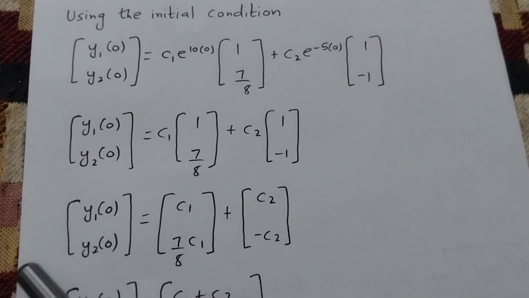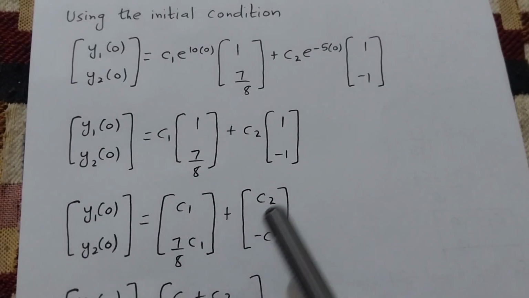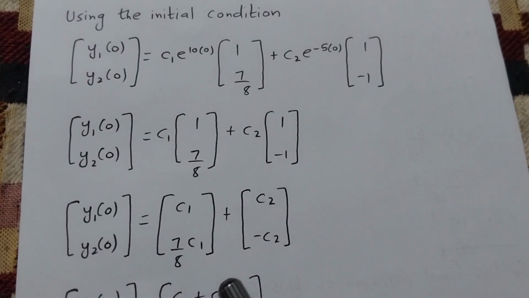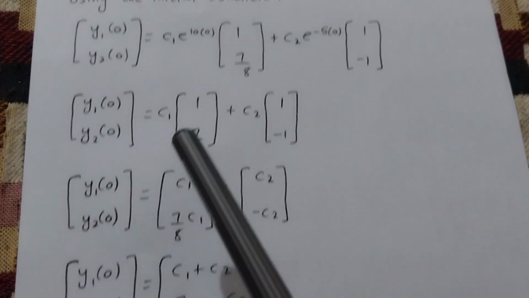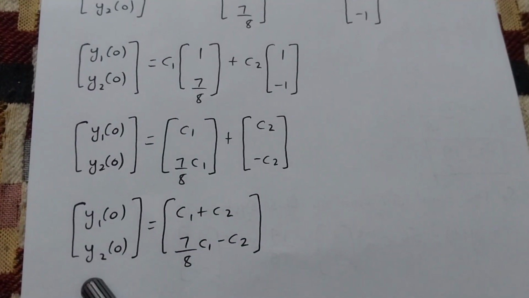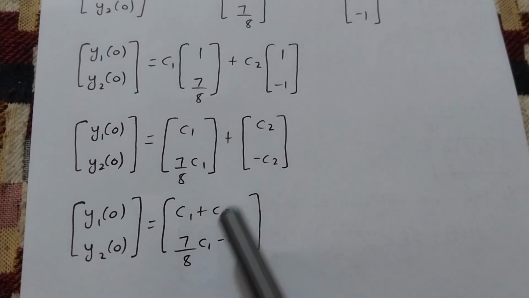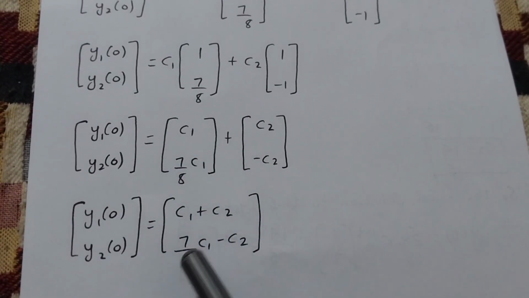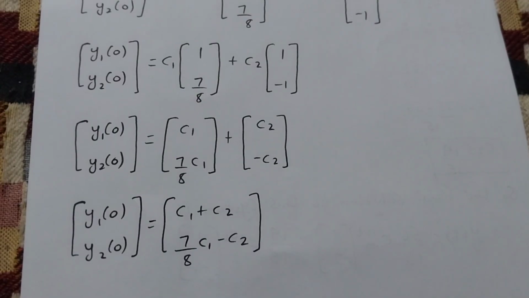So we'll have c1 and 7 by 8 c1, and we'll have c2 and minus c2. As we are interested in c1 and c2, y1 of 0, y2 of 0 is equal to c1 plus c2, 7 by 8 c1 minus c2, because these two vectors were being added.